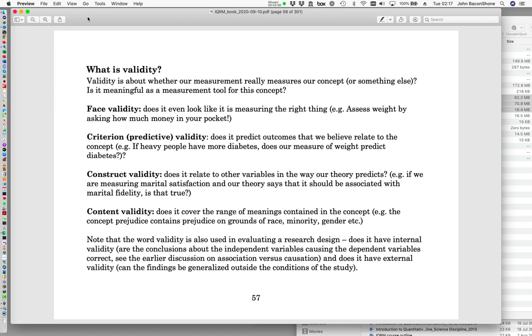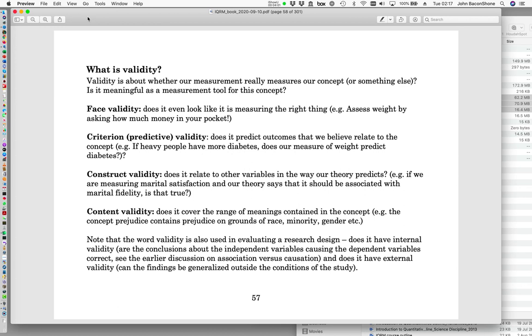The second form of validity is what we call criterion or predictive validity. So the question is, does our measurement predict the outcomes that we believe relate to the concept we're trying to measure? So for example, if we are quite sure that people who are heavy should have more diabetes, does our measurement of weight predict diabetes? Okay, that would be a form of predictive validity. The next form is construct validity.